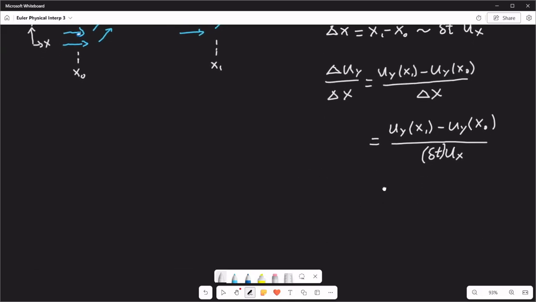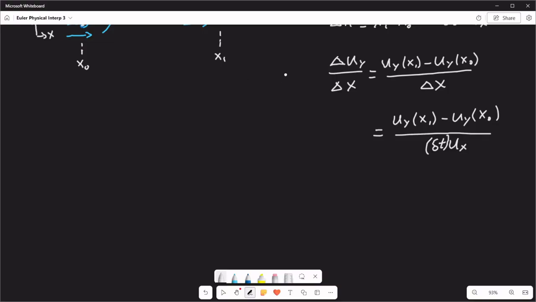Okay, so the next thing that's useful to observe is that change in uy, change in ux, that basically goes like duy dx.